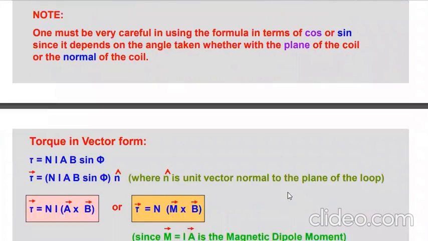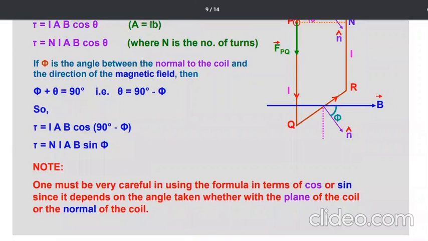So you see here in the vector form, tau equal to NIAB sin phi. We take NIA as one single quantity, and this single quantity is denoted by M and called the magnetic moment, and B is another vector quantity. So M cross B will be in vector form.